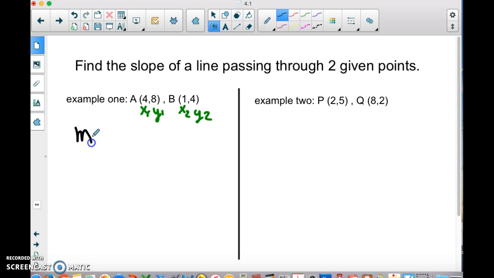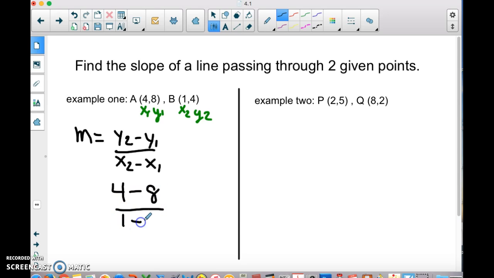Slope, which is represented by m, equals y2 minus y1 over x2 minus x1. So here I would plug in, so I have 4 minus 8 over 1 minus 4. This will give me negative 4 over negative 3. And we know a negative divided by a negative is a positive, so my final answer would be 4/3.